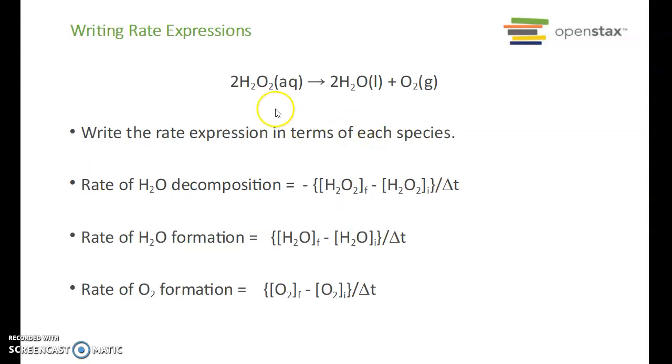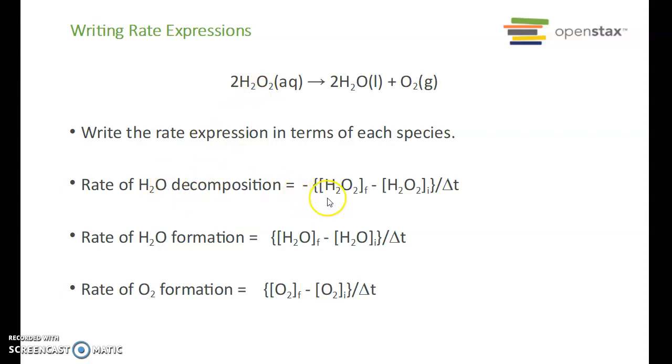So, for example, here you have hydrogen peroxide going to form water and oxygen. And to write the rate of decomposition of hydrogen peroxide, this should be H2O2 here. This is a misprint here.